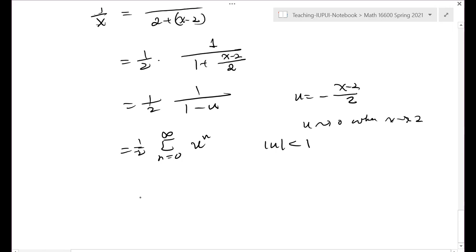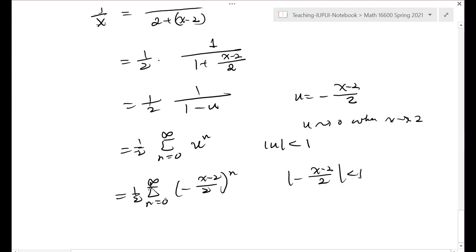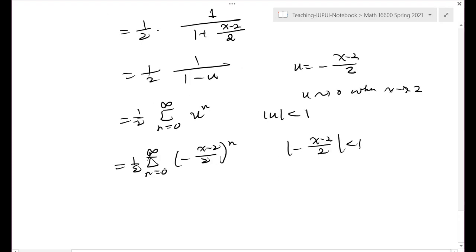Then I'll replace u by negative (x minus 2) over 2, with absolute value of (x minus 2) over 2 less than 1. So I rewrite it again. It's going to be negative 1 to the nth power. I have a 2 to the nth power, then there's another 2 in front. That's 2 to the n plus 1, times (x minus 2) to the nth power. Now this holds when absolute value of x minus 2 is less than 2.